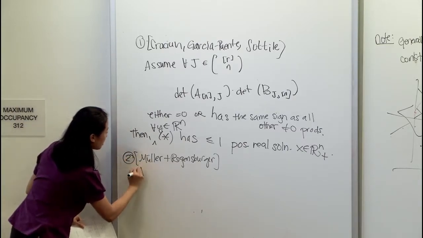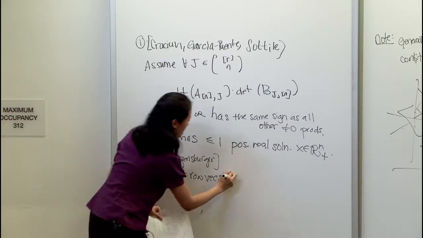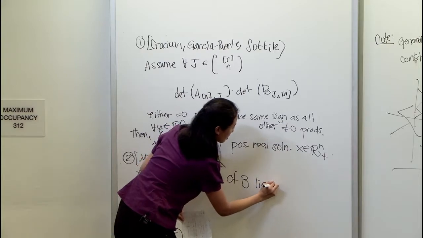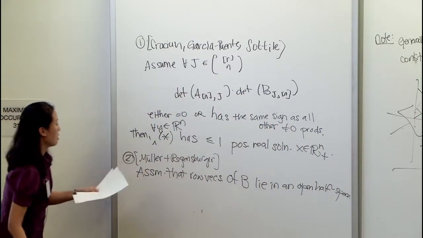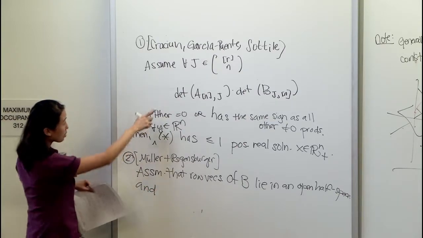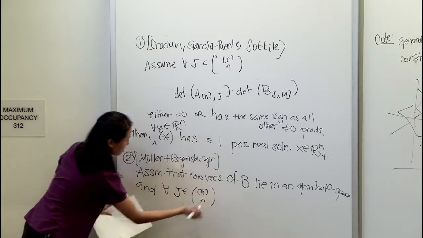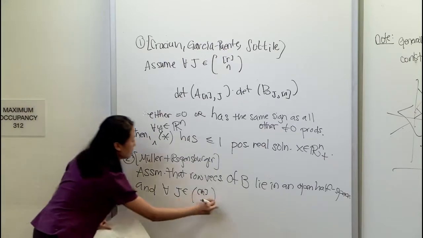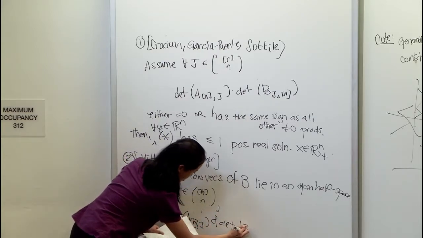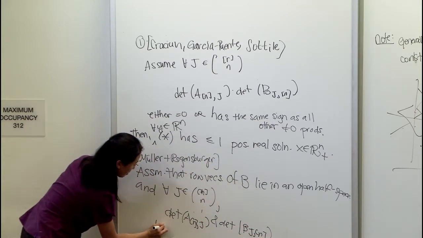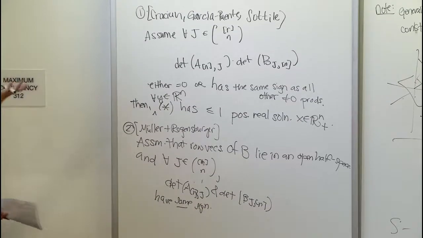And under these assumptions, so assume that the row vectors of B lie in an open half space, and for all of these J, subsets of R, the determinants, determinant of A sub n, comma J, and determinant of B sub J, comma n, have the same sign. So now we're disallowing the cases where one of them is 0 and the other one is non-zero.